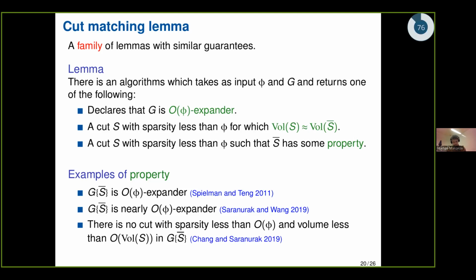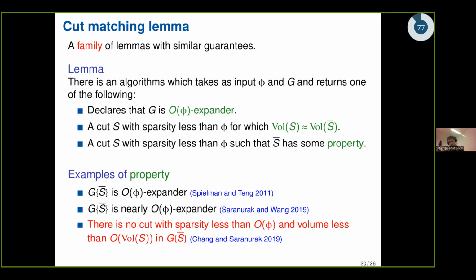And there's also a possibility to get a weaker guarantee, that the bigger side of a cut doesn't have a cut that is bigger in volume than our cut and has sparsity at most phi.